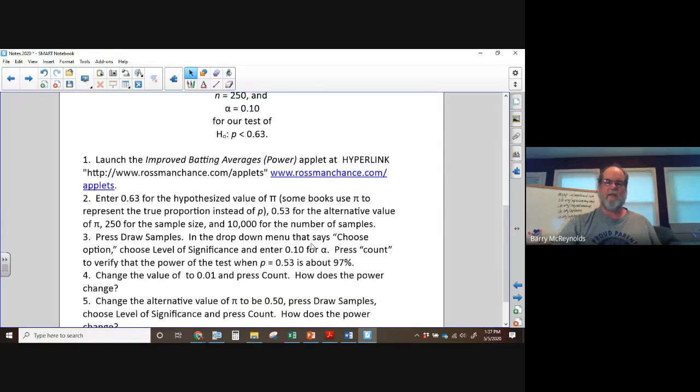Now, what you'll see on this applet is the hypothesized value p will be represented by the Greek letter pi. The reason for that is that sometimes textbooks use pi to represent the true proportion p.